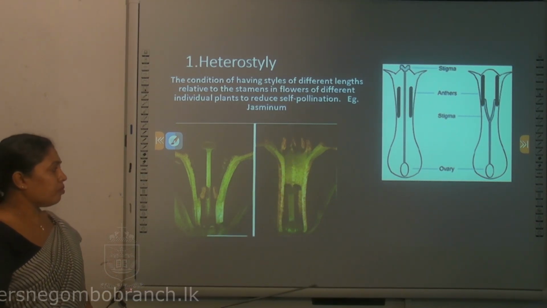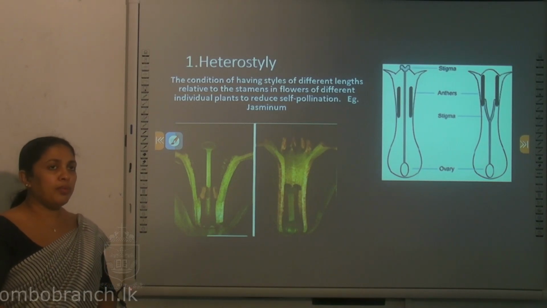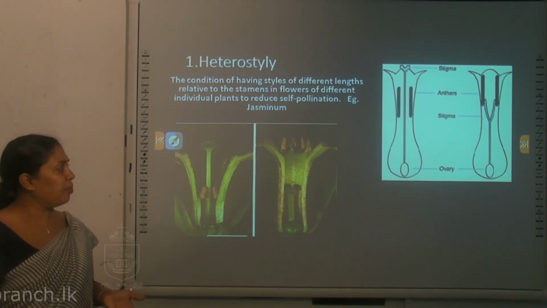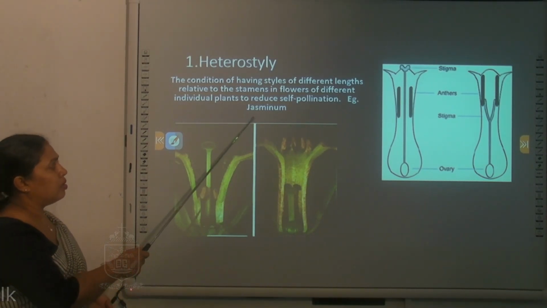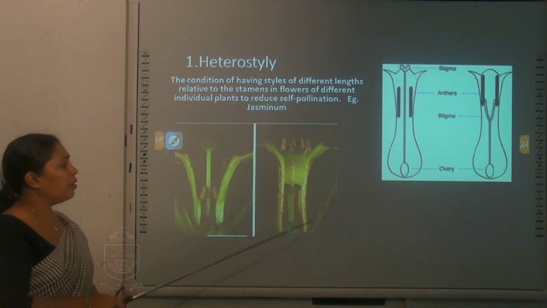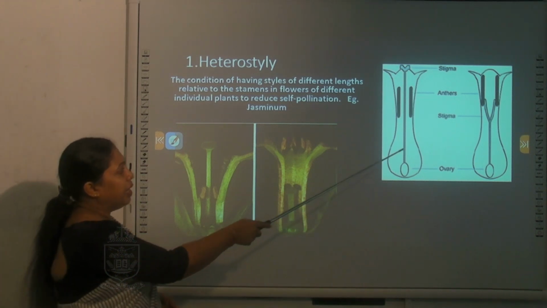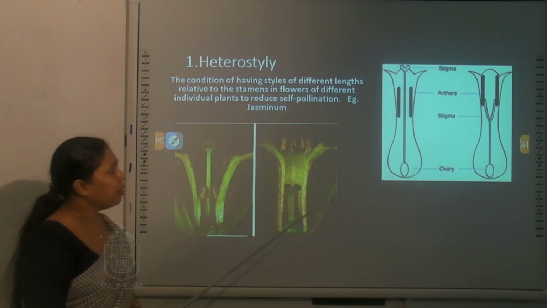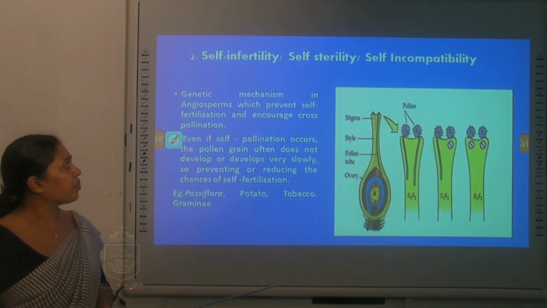So the same flower cannot be pollinated with the same pollens. An example in Sri Lanka is jasmine, and this is a line diagram of the same phenomenon.